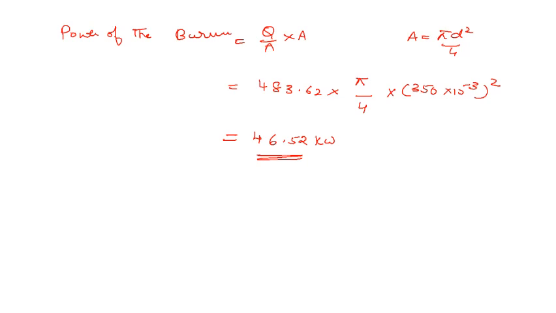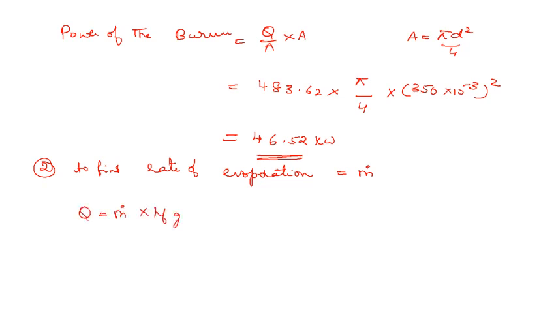To find out the second part, the rate of evaporation, that is the mass flow rate. To find that, Q is equal to M into HFG, and we know the Q value. Mass flow rate is the question.